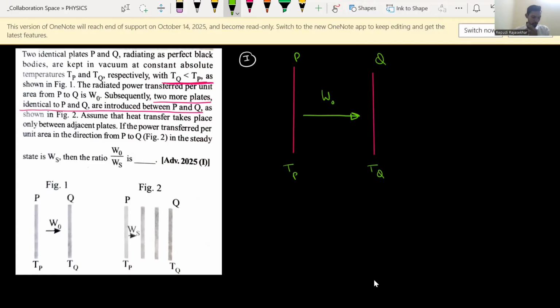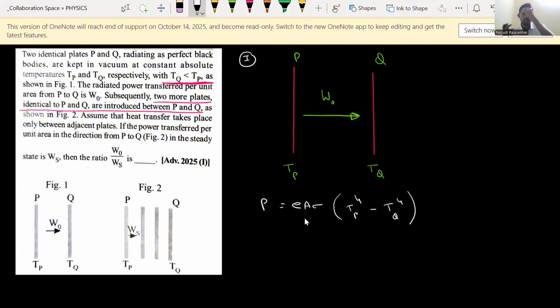Now they said radiation process, right? In the question it is mentioned that they are radiating perfect black bodies. When they behave as a perfect black body, write the equation here: dq, or P, equals E A sigma Tp power 4 minus Tq power 4. Hope you understand. High temperature to low temperature heat is radiating.